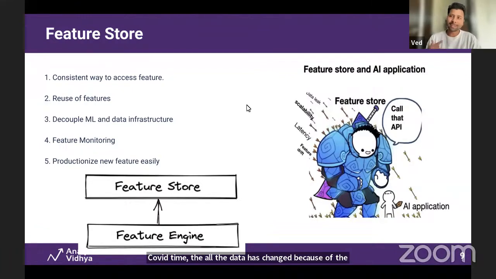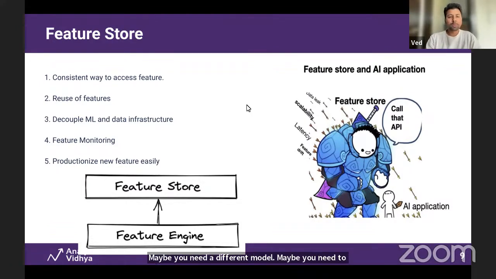So how can we detect those kinds of scenarios so that you get to know that the model won't work well? The feature store facilitates this feature monitoring, and when the feature distribution changes, you would get to know. Maybe you need a different model. Maybe you need to retrain it.